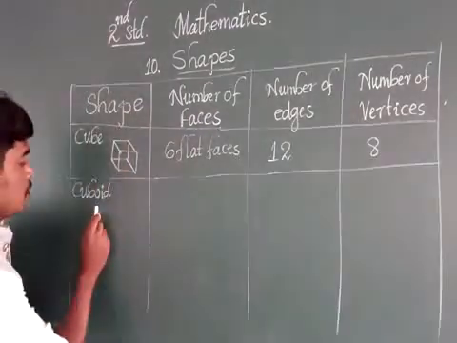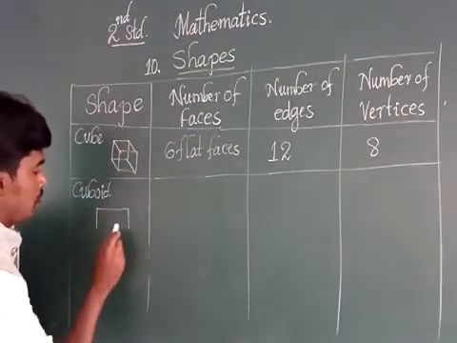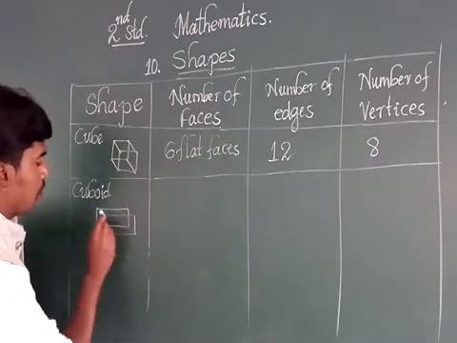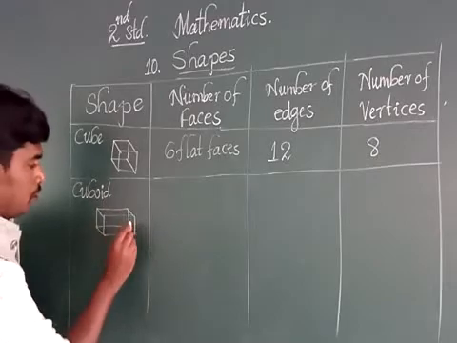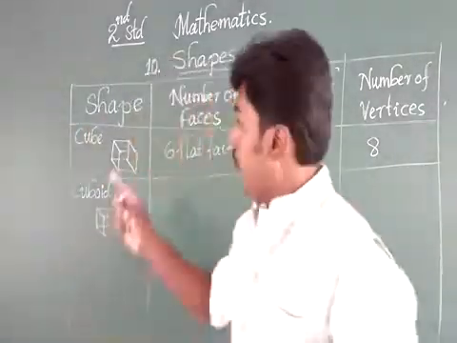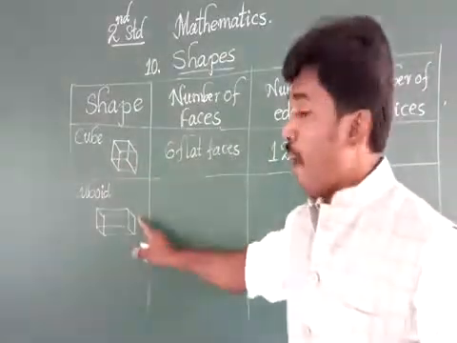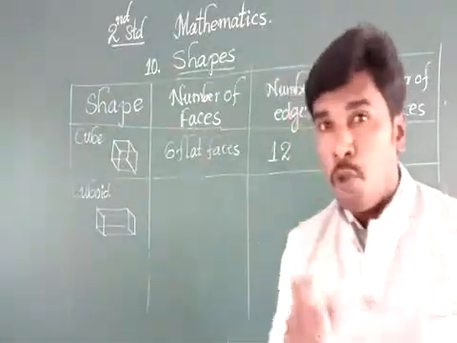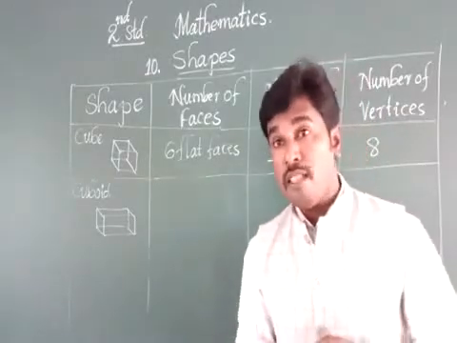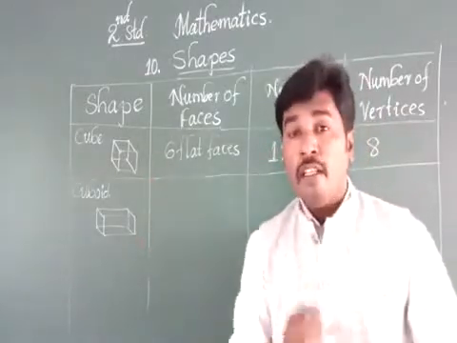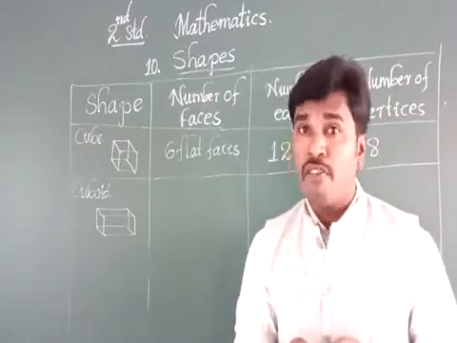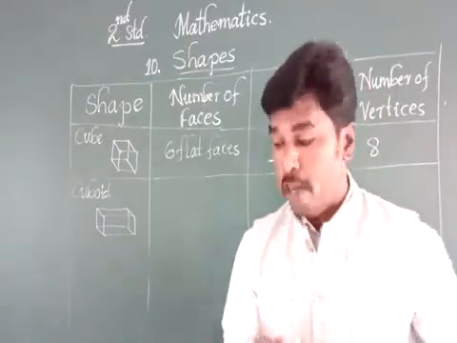The faces are in rectangular shape. The only difference between cube and cuboid is that in a cube all the faces are in square shape, whereas in a cuboid the faces are in rectangular shape.